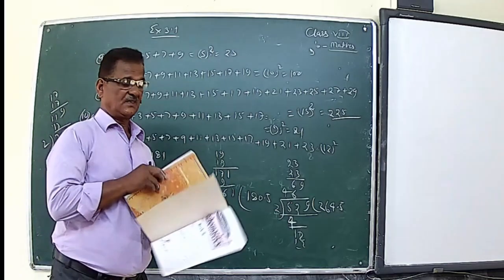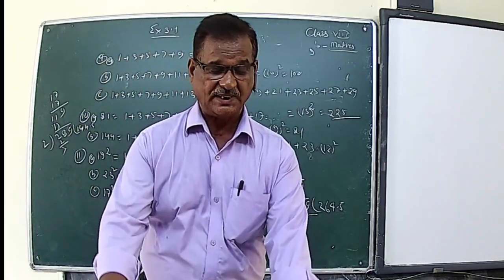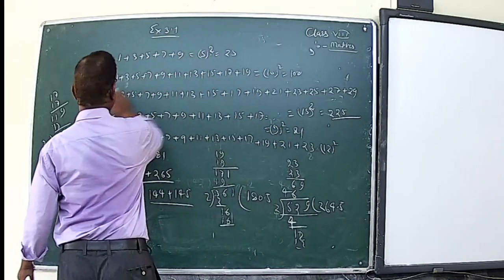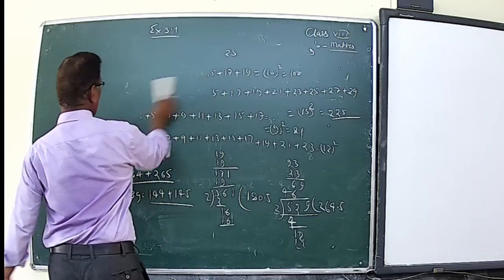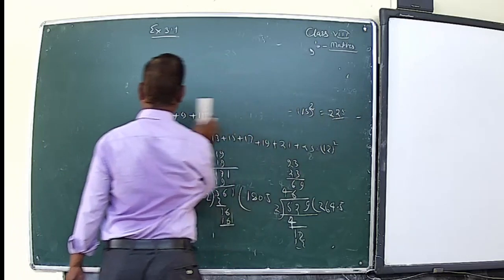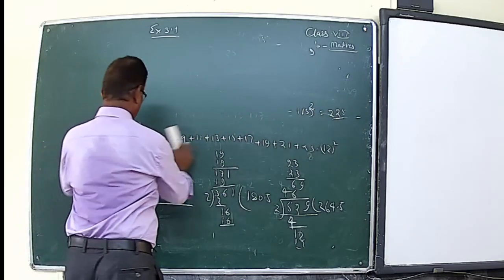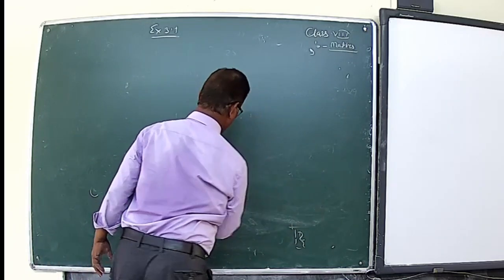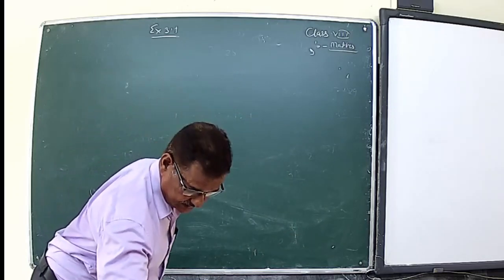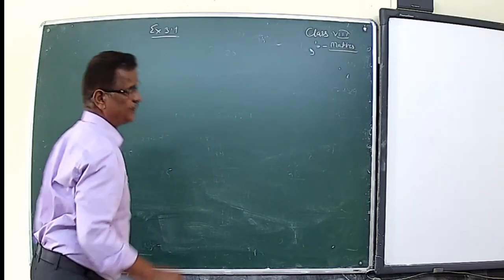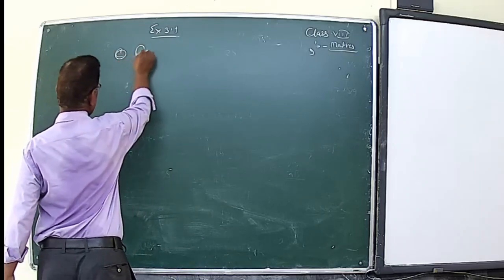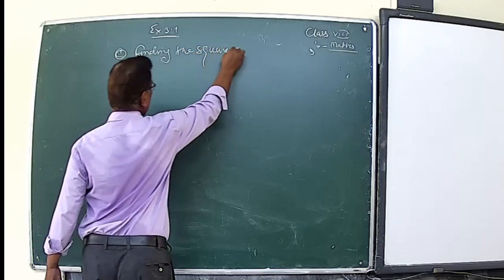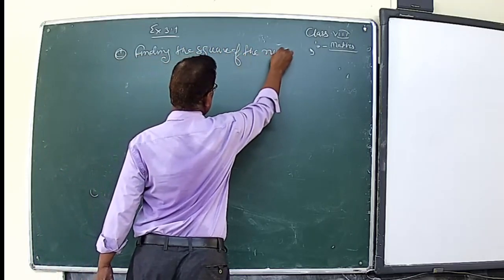And now I am going to explain finding the square of a number. How many methods are there, and what is the method to find the square of a number?